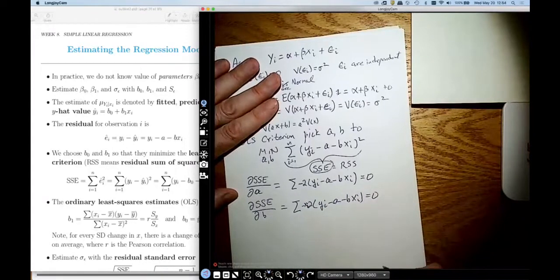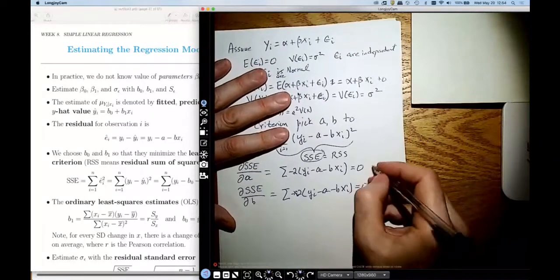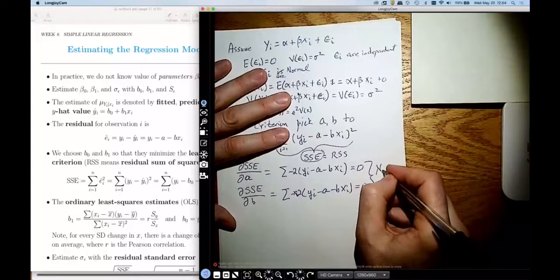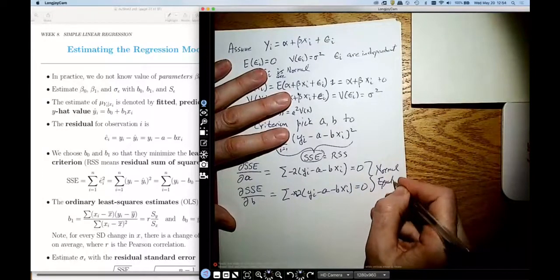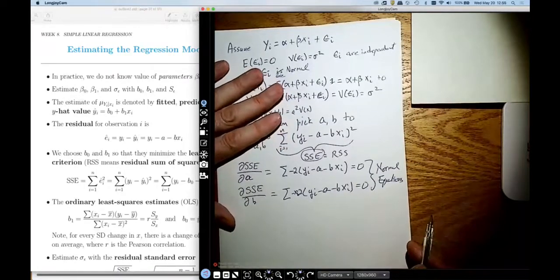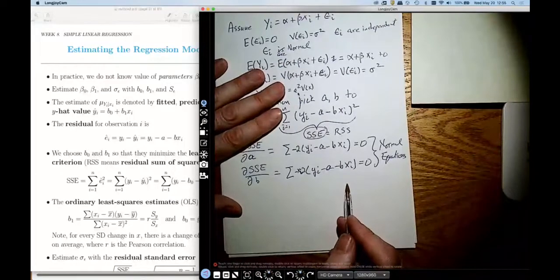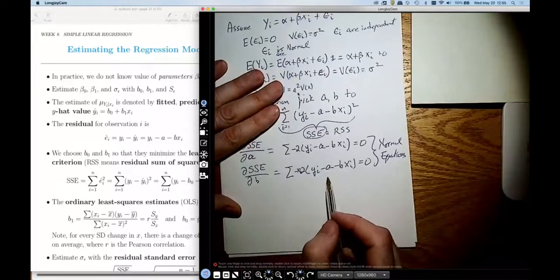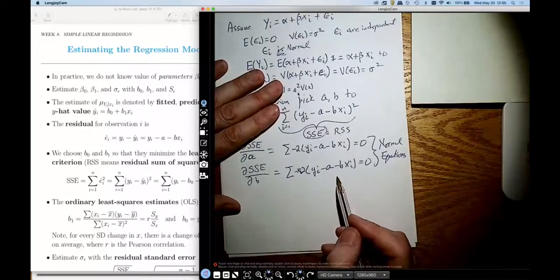And this is equal to 0. So these are called the normal equations. And what may not be obvious from the way I've written it here, but it's important to note, is that I have a system of 2 equations and 2 unknowns, and it's a linear system of equations.